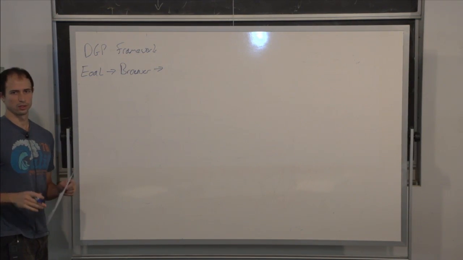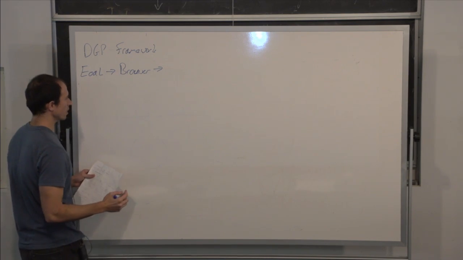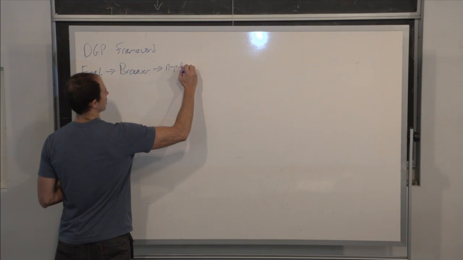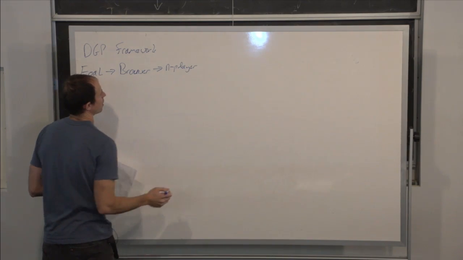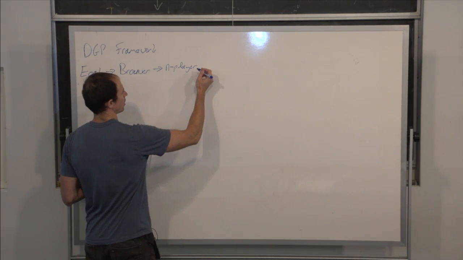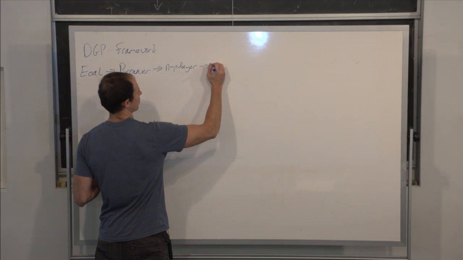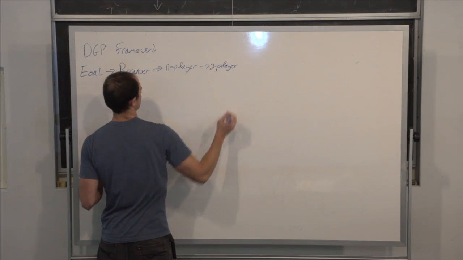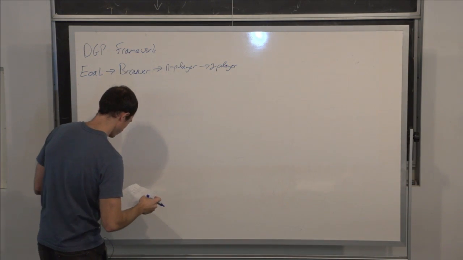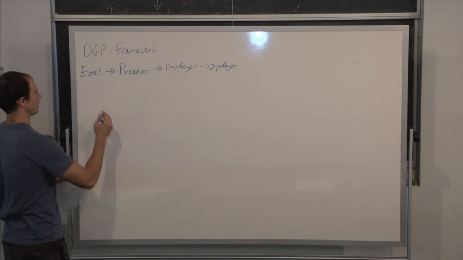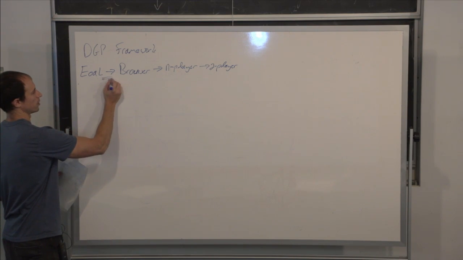I'll say a little bit more today, and then we go to an n-player game. This is something we did not need to do yesterday. And finally, we have a two-player game. Okay, so let me start by telling you about this reduction.